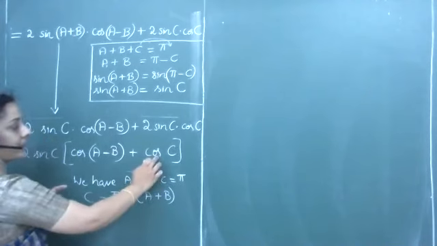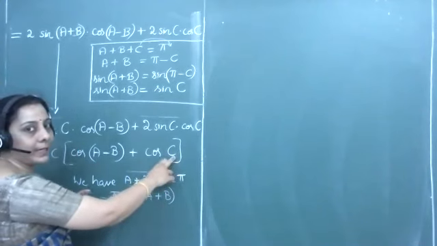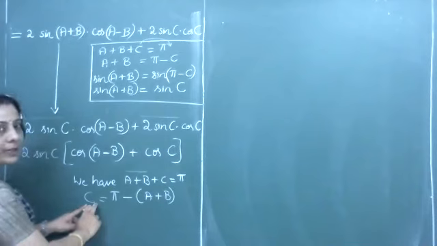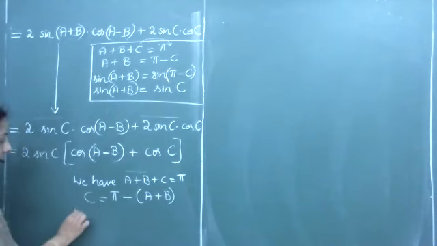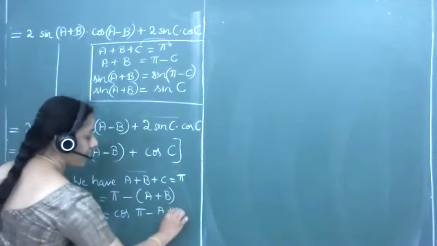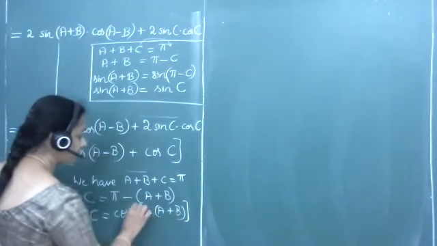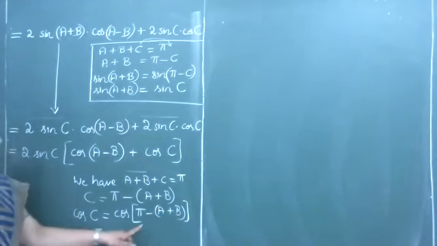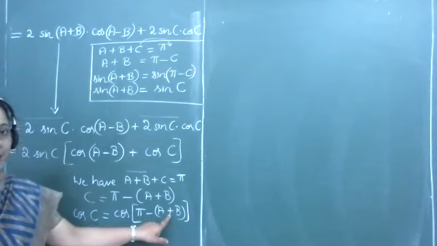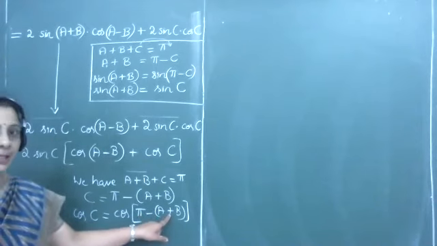Now what is the function related with the angle C here? It is cosine function. So here also I need to consider cos C. Cos C hence will be equal to cos of pi minus A plus B. Further, pi is 180 degrees, and 180 minus an angle must belong to the second quadrant.